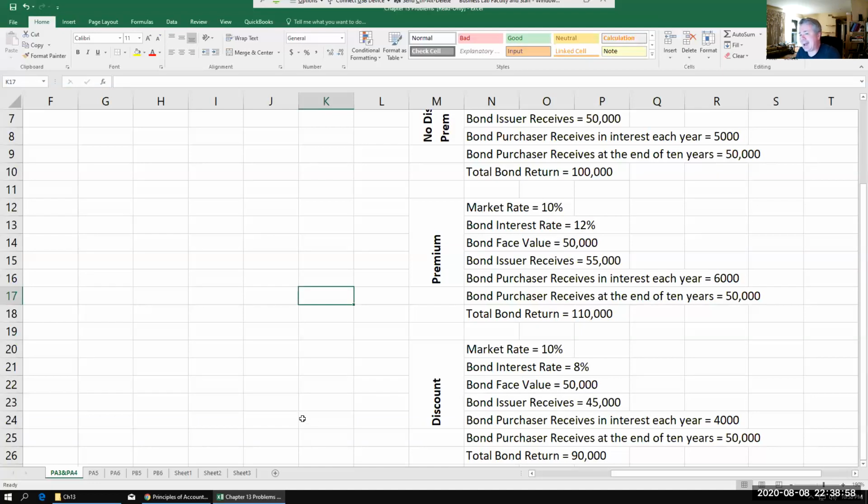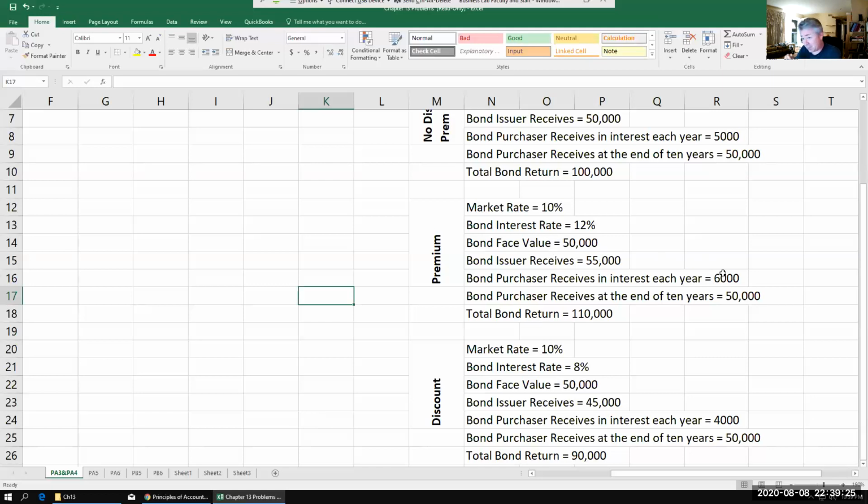So let's look at how that affects the journal entries, again, from the issuing company's perspective. Before I pop over there, we have to think about how this is going to affect our interest expense. Because we received more than we asked for, you can think of it as this premium offsetting a portion of the interest as we pay it off.